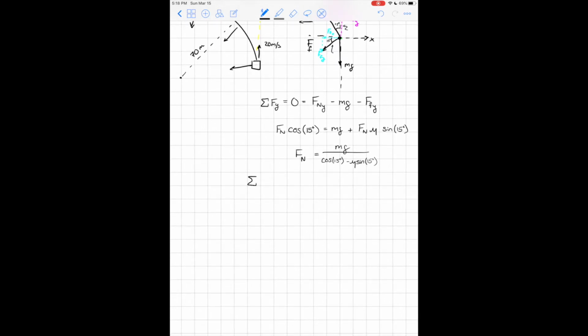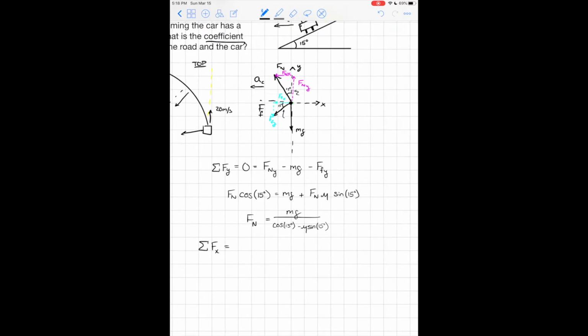Now it's time to look at the x direction, scrolling back up to our picture here. There are only two forces in the x direction. I have my normal force component in the x direction, and then I also have my frictional force as an x component, and it doesn't equal 0. I do need some net acceleration, this centripetal acceleration, so m a_c, let's just call it something quick like that.